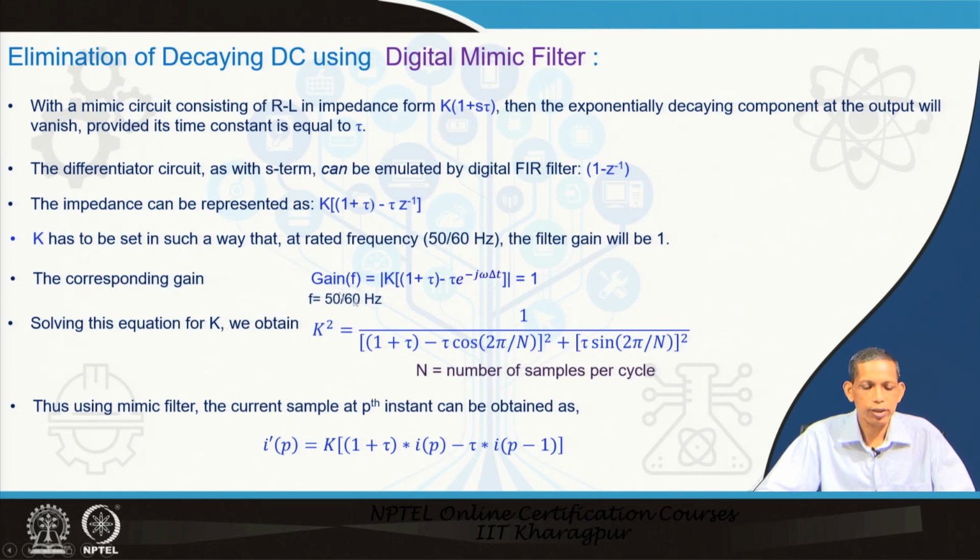So, from these relations, the magnitude of k(1 + τ − τe^(−jωT)) should be equal to 1 for the corresponding 50 or 60 hertz frequency.